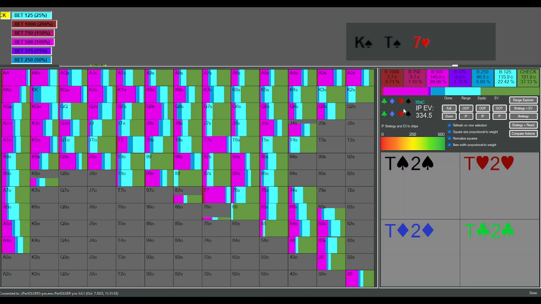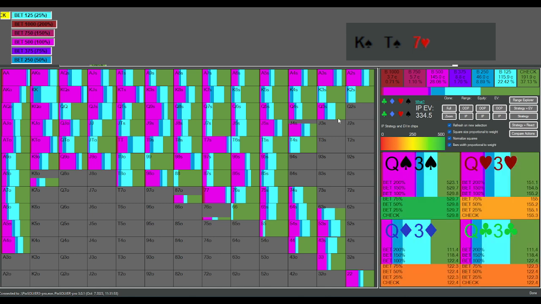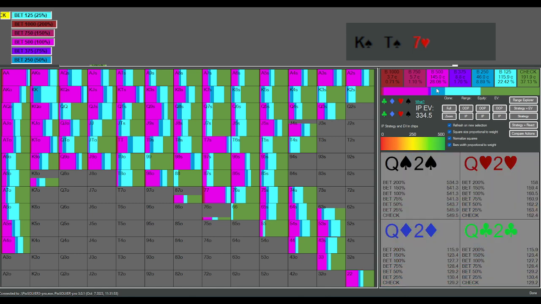Some players might only use a half pot bet size, but a somewhat congruent, polar strategy as what a pot size betting strategy might look like.